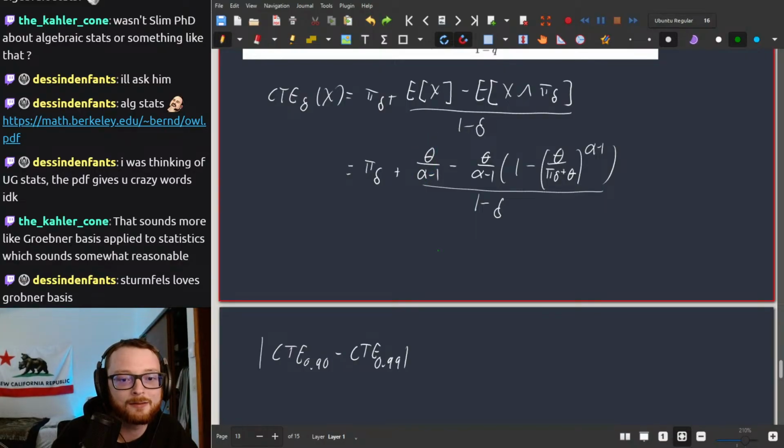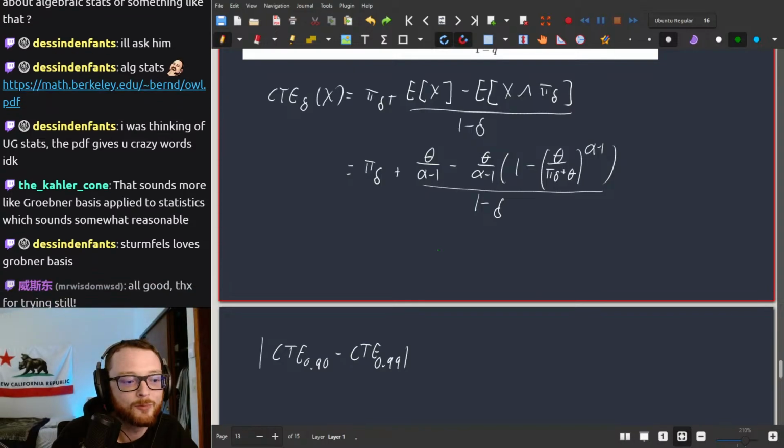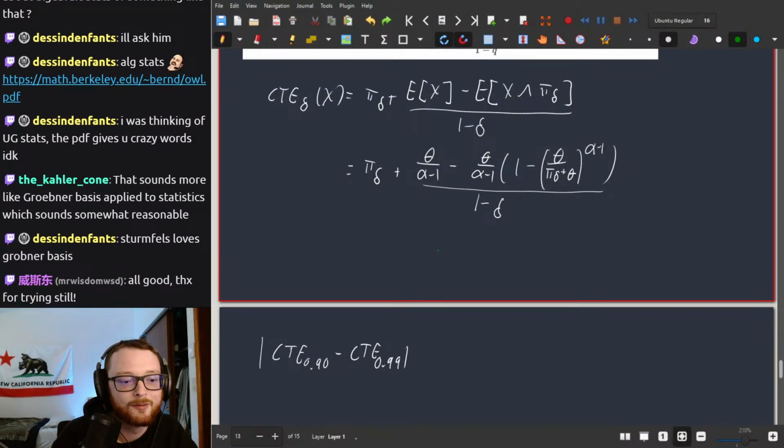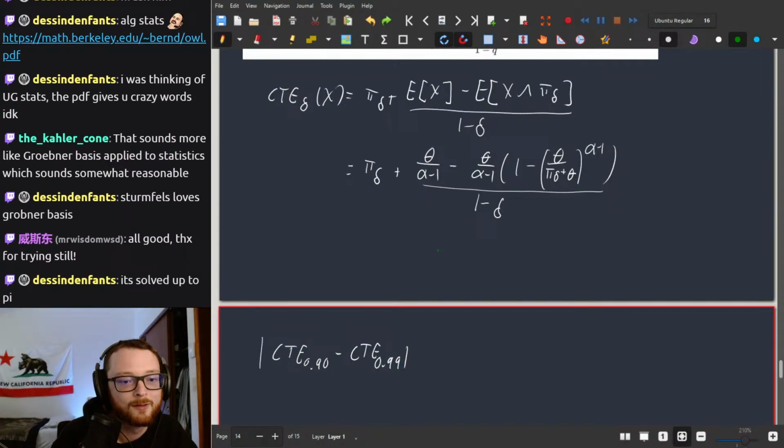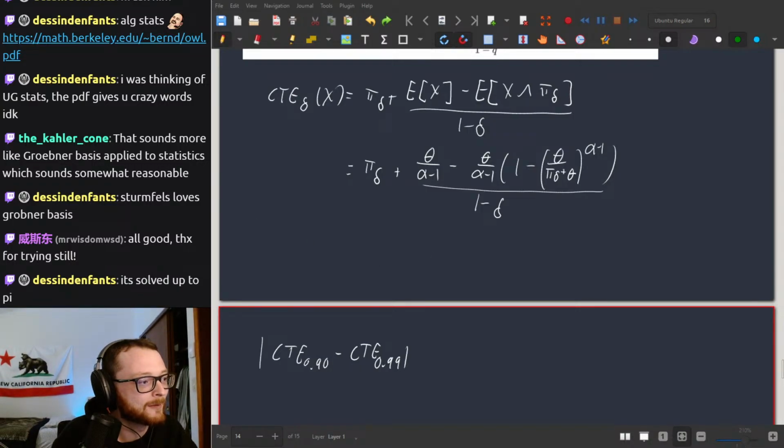The only thing I can't figure out how to tell you is pi sub delta. But everything else, delta itself is 0.9 and then 0.99. It's just a matter of plugging in the numbers twice and subtracting them. It's solved up to pi, basically. If you find a formula for it or something that just talks more about it, I could maybe figure it out, but I do want to go and get dinner.